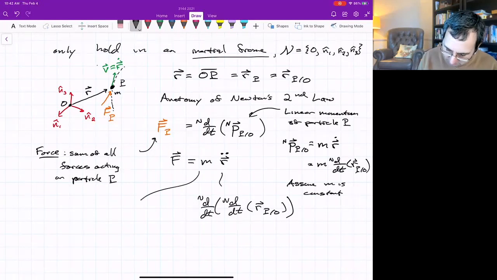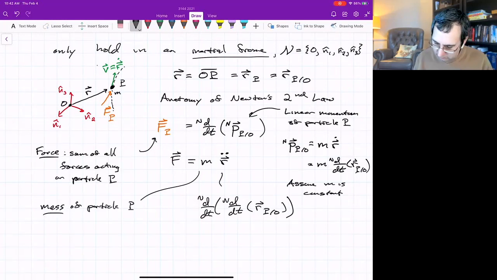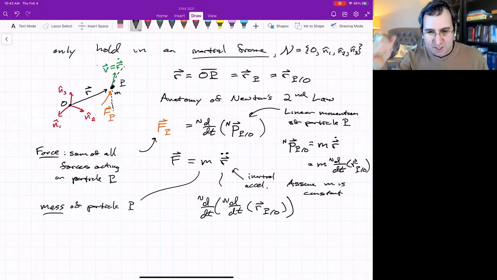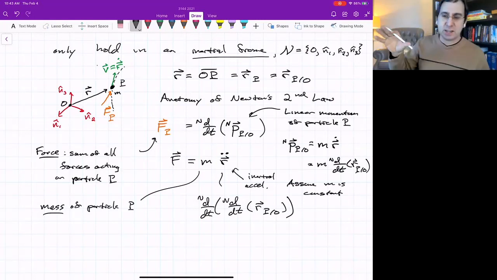M is the mass of the particle. And yeah, this thing is the inertial acceleration. And that's where you can use the transport theorem. And that's the part that most people, it's taking derivatives with respect to a frame, even though you might have other intermediate frames.